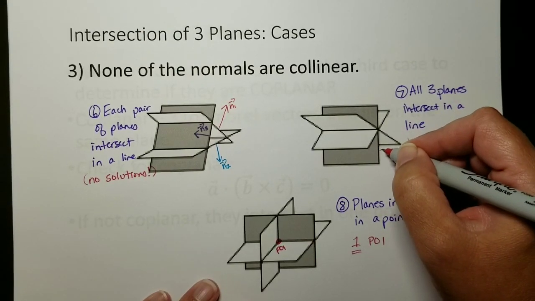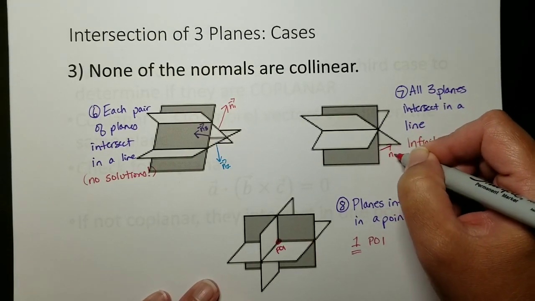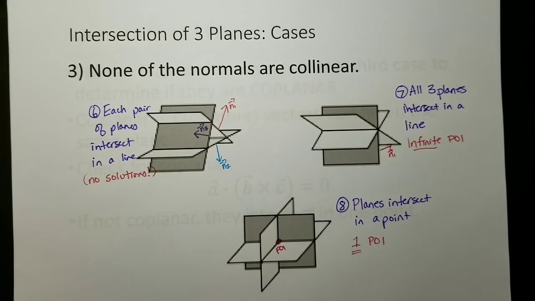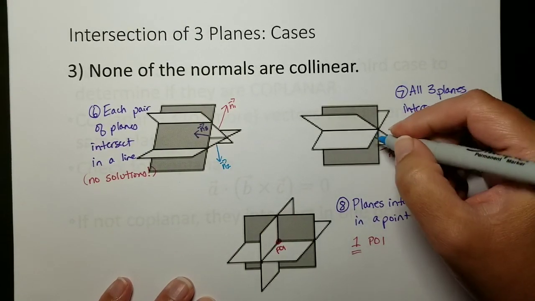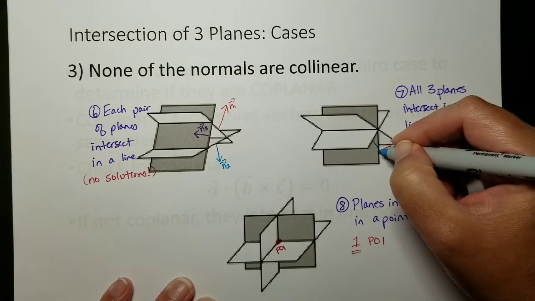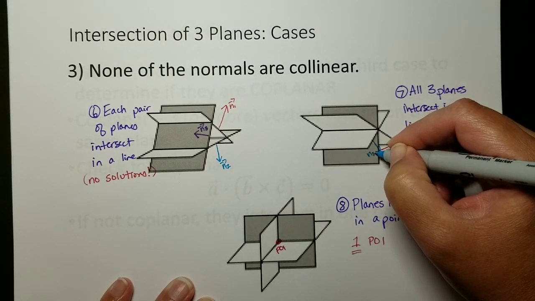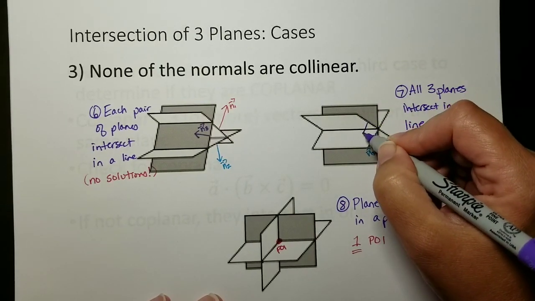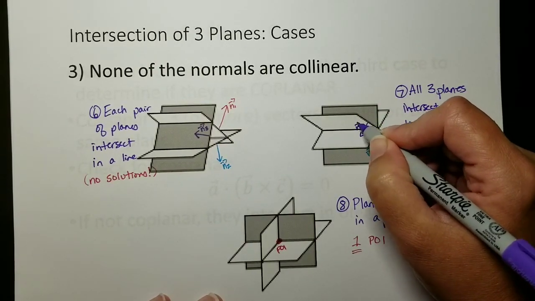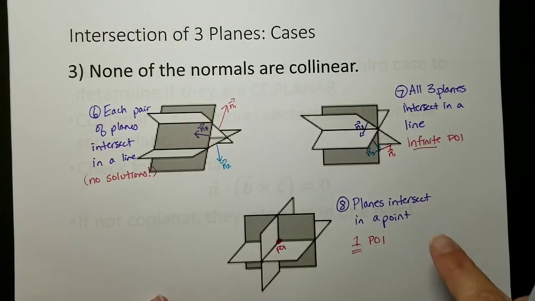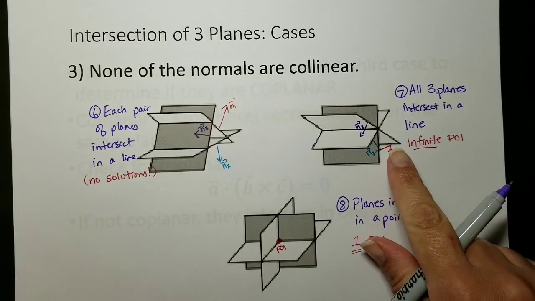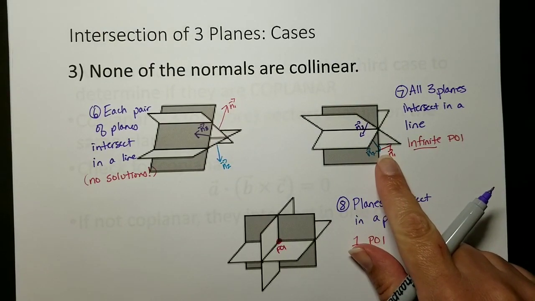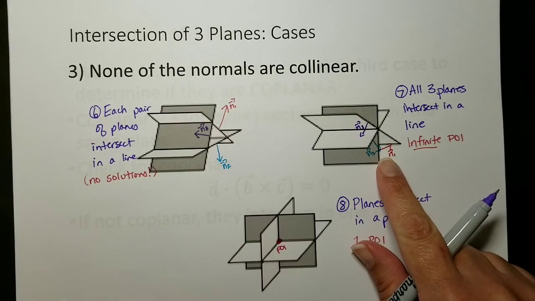If I were to draw N1, it's really hard to draw three-dimensional things on a two-dimensional surface here, but hopefully you guys can visualize this. Normally, when we're in class, I'll see if I can do a bit of a demo with some real life objects.